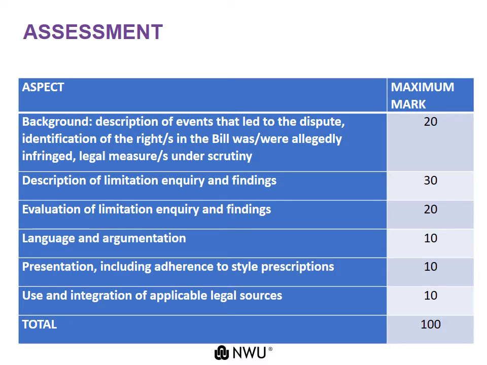So for every point of criticism that you give, you have to substantiate it. You have to refer to a source or to explain why you make that particular assessment.